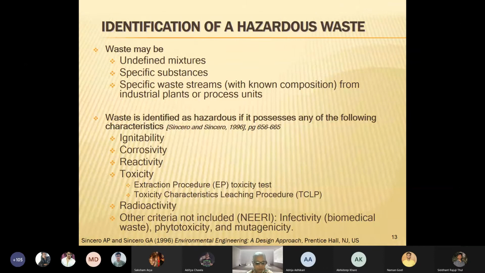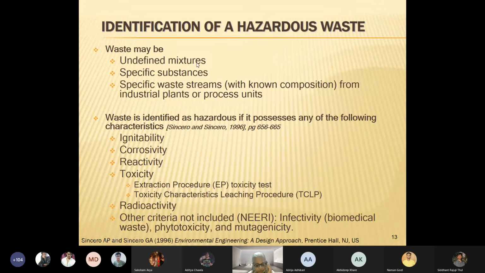It may be pharmaceutical companies, it may be paint industry, it may be electrical or electronic goods manufacturing industry, it may be anything that you might think of as creating hazardous materials. Now, if that waste stream is of unknown composition, I don't know what is in the wastewater, that is an undefined mixture. The wastewater is automatically an undefined mixture.